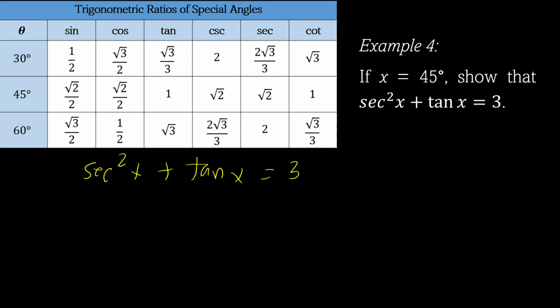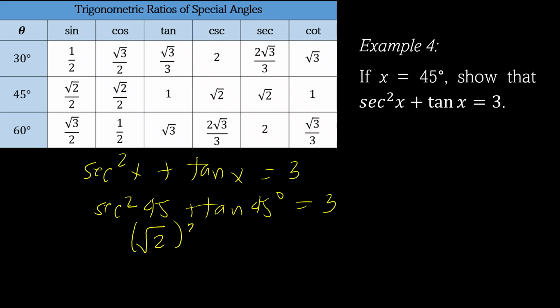Kung ang x daw is 45 degrees, so secant squared 45 plus tangent 45 equals 3. Let us look for the value of secant 45. Secant 45 is square root of 2. I-square natin siya kasi secant squared daw. Plus tangent 45 is 1 equals 3.